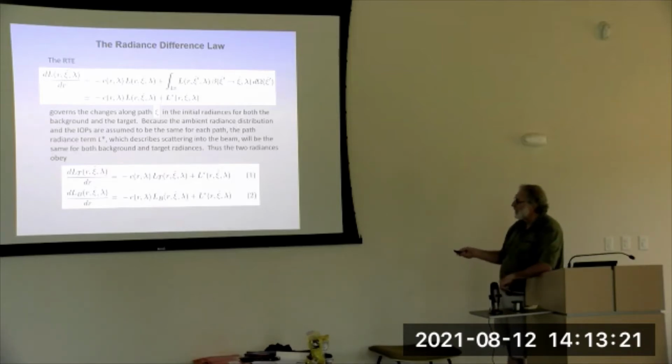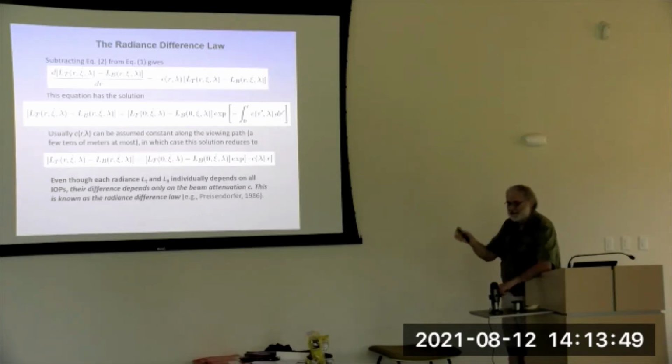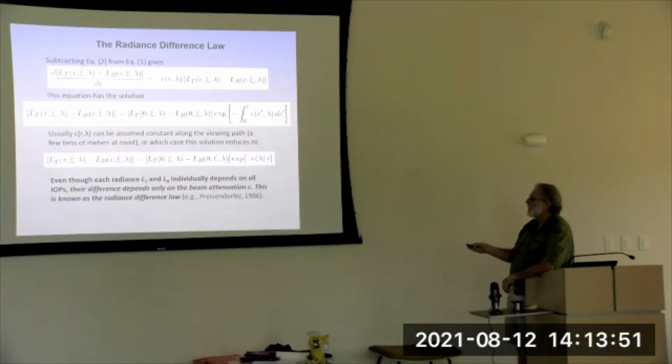Okay, so now all I have to do is subtract this from this, and these two terms will subtract out, and I'll just have the difference in those two. So we do that subtraction. There we have that. This is a nice little differential equation for the difference here. The rate of change of the difference in the target and the background with distance is minus beam c times the difference. So you dig out your differential equations book and you realize, oh yeah, that's simple.